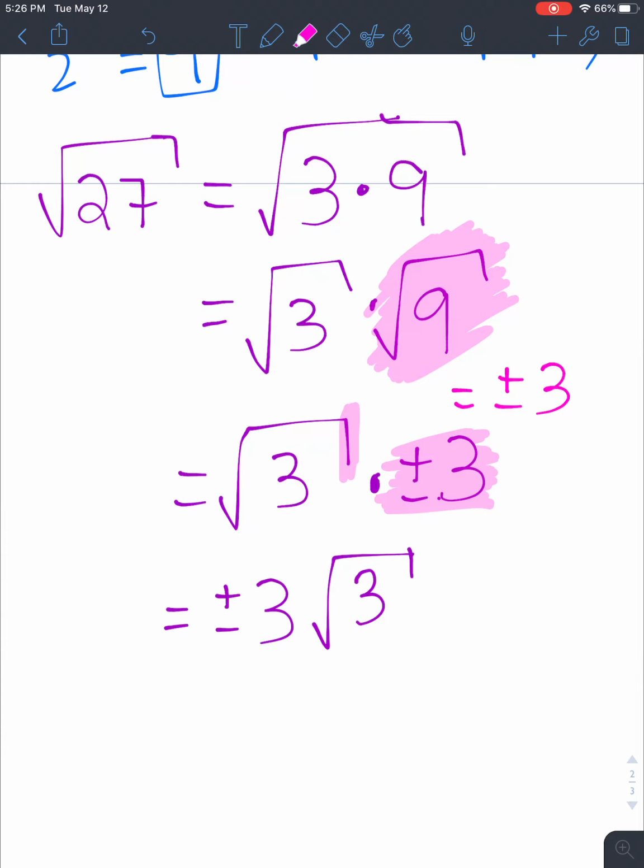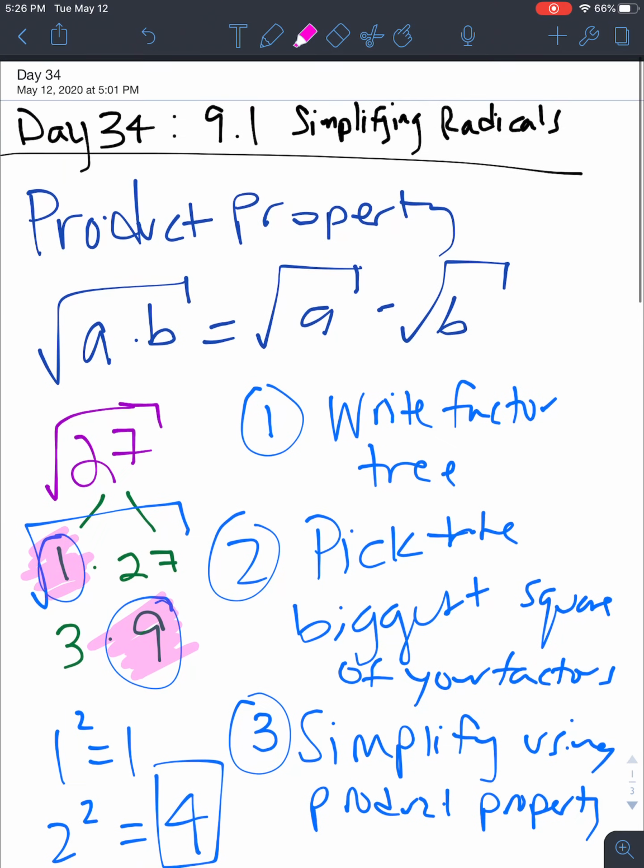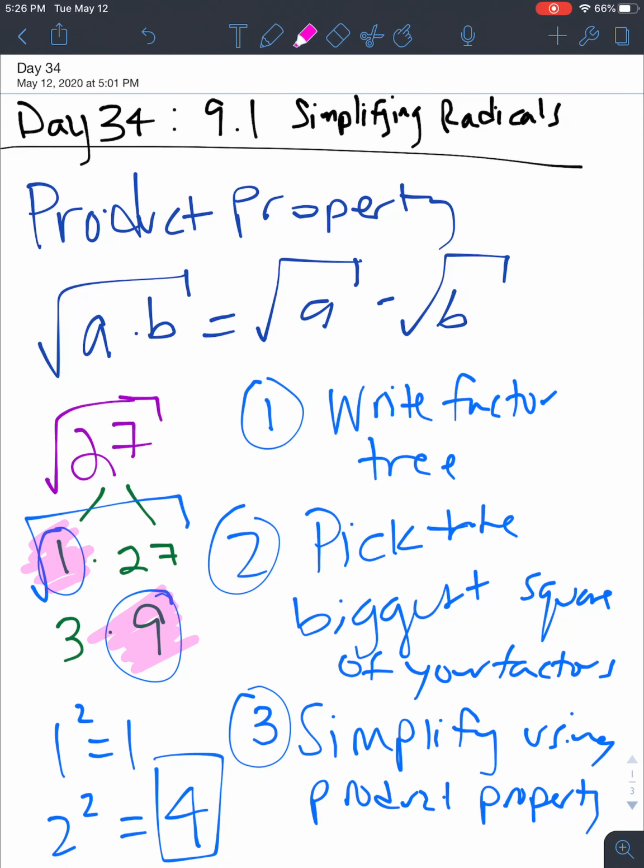That's why I also have this little piece that I draw down, just because it makes it a little bit easier to see exactly where your radical ends. So that's all you have to do in order to simplify a radical. You have 4 quick problems to try out. Actually, I think you might only have 3 quick problems to try out.